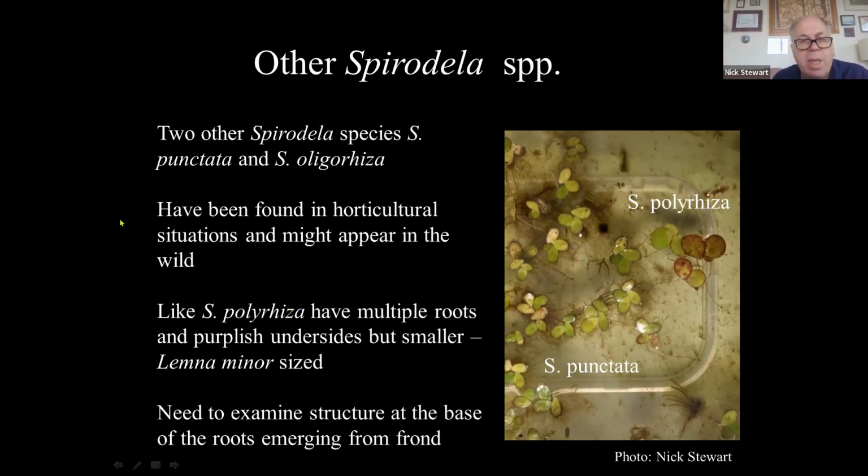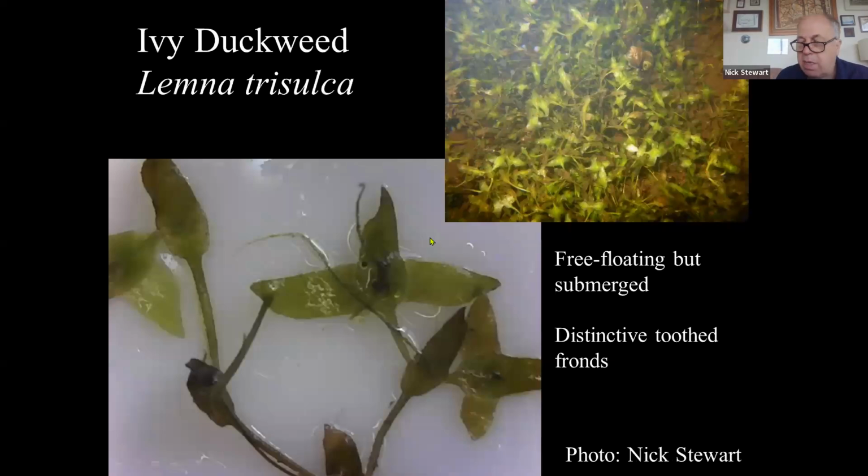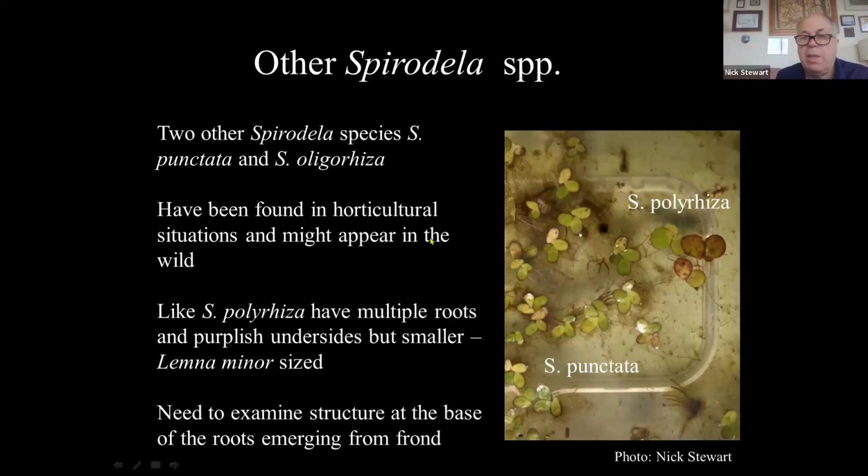You just need to be aware of them, because if they're in garden centres, there's a distinct possibility that before too long they will become established in the wild. The other two species are smaller. So we've got Spirodela polyrhiza, the common native one. This one is punctata.